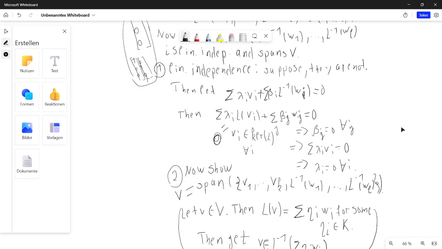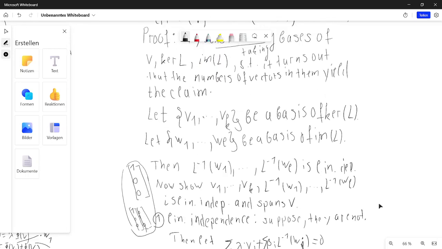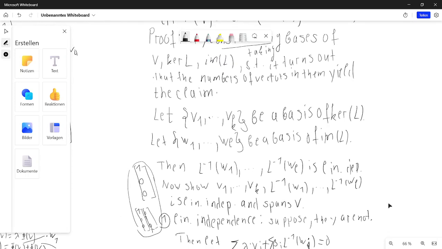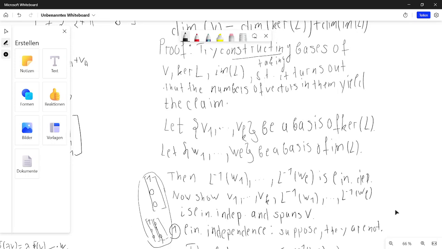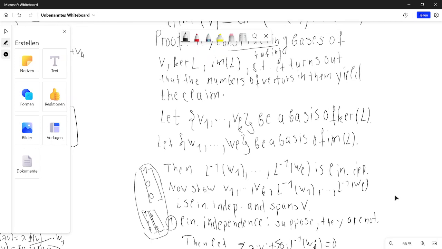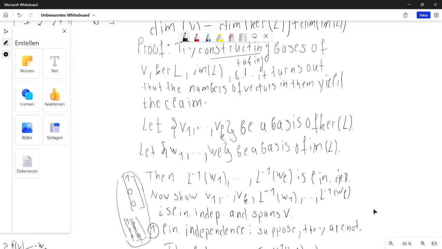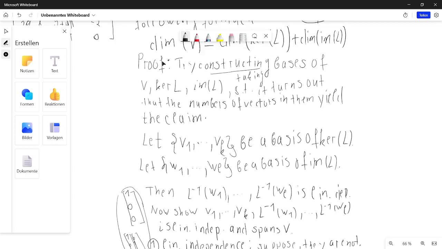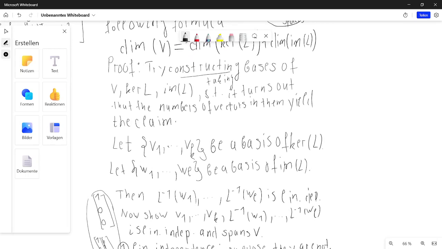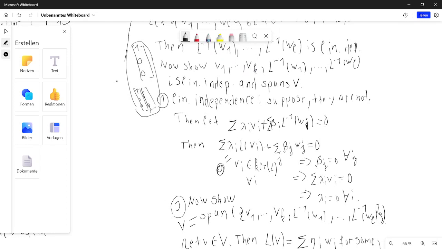Indeed, all of that was actually not needed.